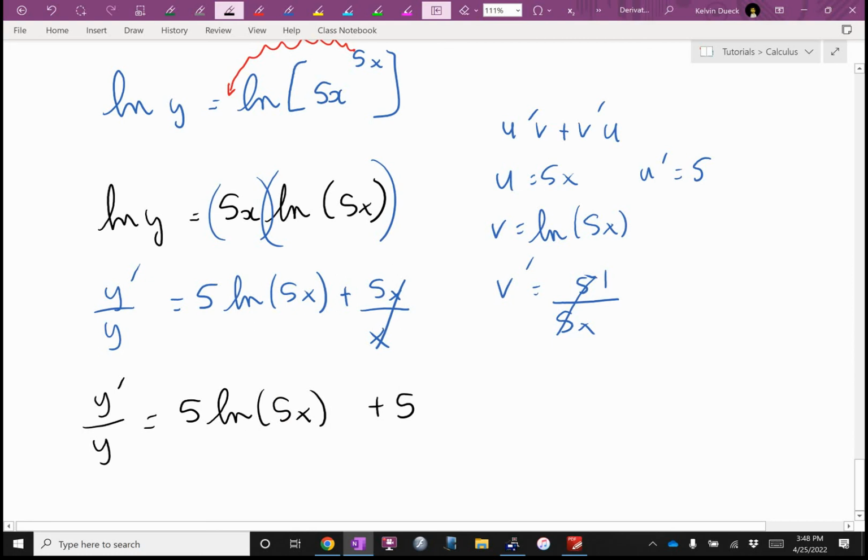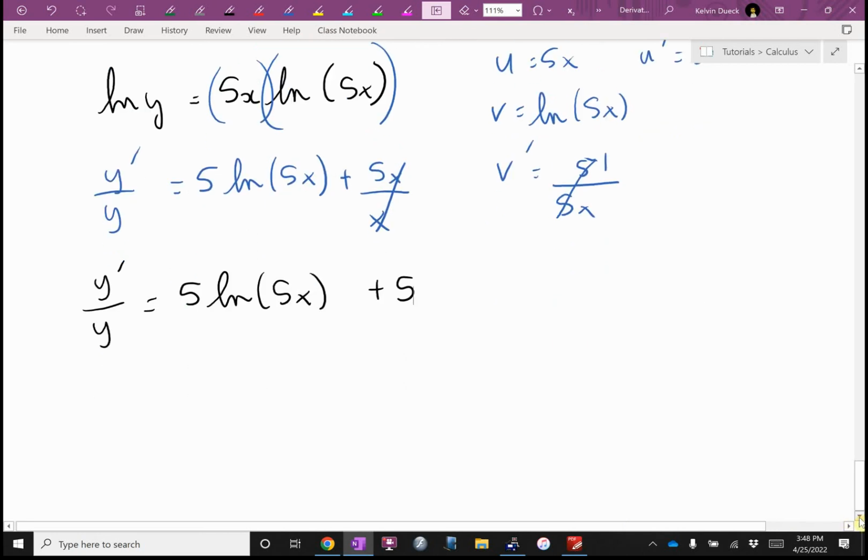But first, what am I trying to get by itself? How would I get the y prime by itself? How will I move the y over? Okay. So this is going to look like this. Y prime is equal to y bracket 5 ln 5x plus 5.